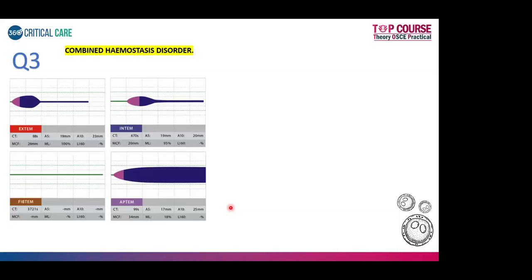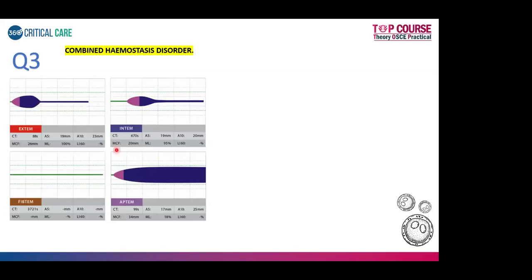To break it down, the first thing you can tell is that there is definitely hyperfibrinolysis, correct? Your CT is prolonged. Then in your APTEM, it's trying to correct but not correcting fully, so there is some issue with the numbers too.